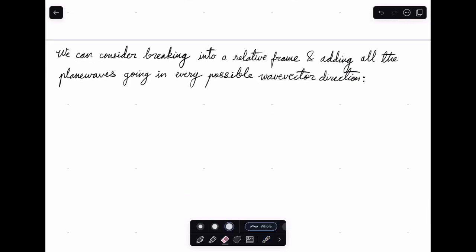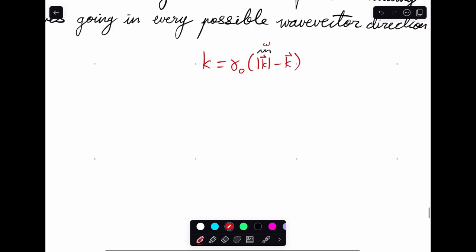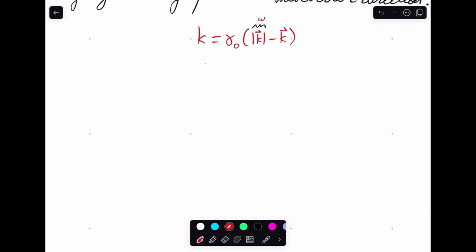So what you can think of this as doing is you break k into its relative frame, where you have the magnitude of k, which this right here is just omega, then minus k. So that's what that is.